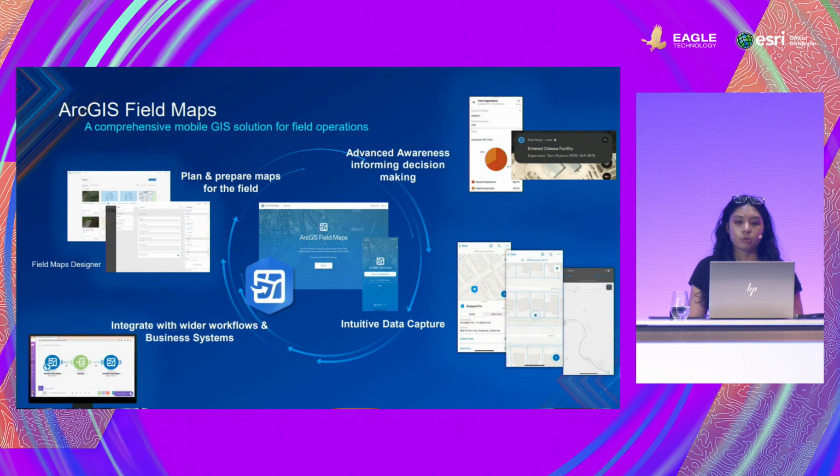So this is the typical workflow cycle within FieldMaps. First, you will need to prepare your maps using the FieldMaps designer. This includes building the forms that I've mentioned before for data collection and setting up geofences, enabling the maps for offline use and such. And then once that's ready, the field workers can use the FieldMaps mobile app to do some advanced map interaction.